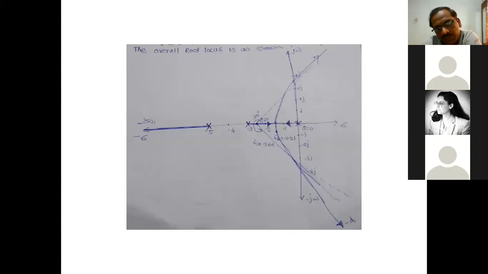And if you keep on increasing K, when K becomes greater than 120, like 130, your closed loop poles have already crossed the imaginary axis and are in the right half of the S plane. That means your system becomes unstable. So your system is stable for the range of K from 0 to 120. At K equal to 120, your system will become marginally stable, and thereafter your system will become unstable.